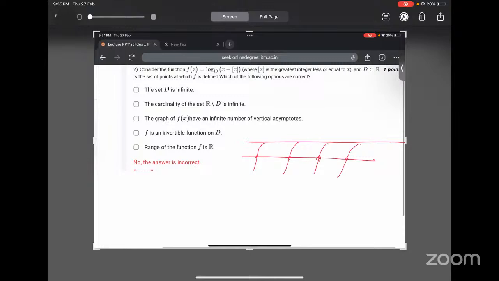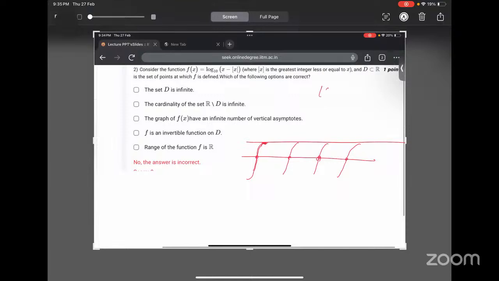And the range is not R, right? The range is from minus infinity to 0, right? In the domain, we will always get 0 to 1. So when we go towards 1, we will get 0, and when we go towards 0, we will get minus infinity.